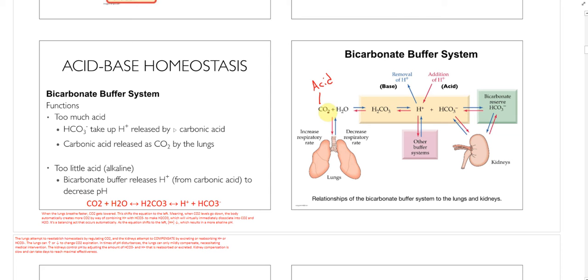As this builds up, it's going to spill to this side of the equality of this equation. These two are going to join up, form carbonic acid, which is going to rapidly dissociate into hydrogen ions and bicarbonate, and it's going to push hydrogen ions to the kidneys to be excreted into urine. So we've gotten rid of part of the problem through the kidneys.